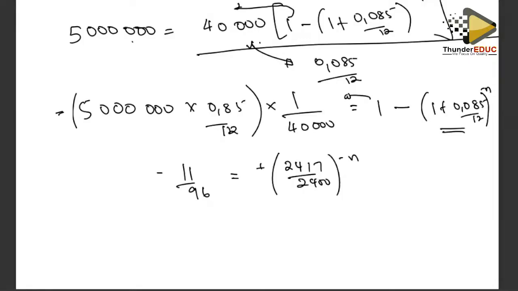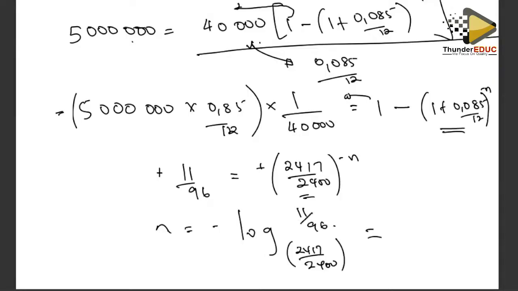So the negatives become positive, and then let's use logs. Our n is going to be the negative log, this is the base, 2417 over 2400, and this will be the exponent, 11 over 96. When you simplify that, we get 306.93, rounded off to 2 decimals.